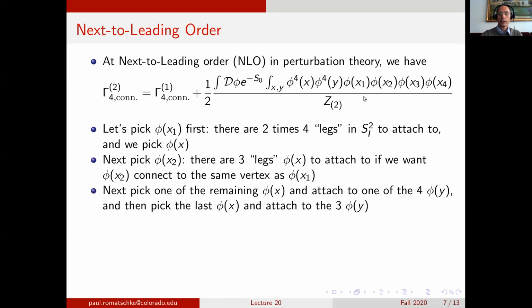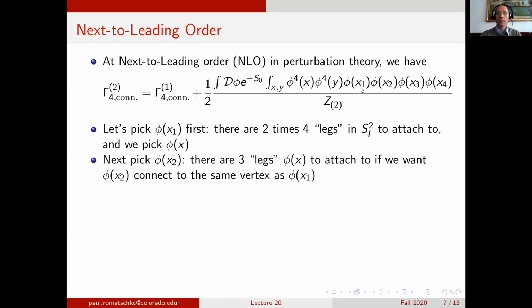Once we have attached phi of x1, we next pick phi of x2. If we want to attach it to the same vertex as phi of x1 is attached to, then we have 3 legs out of the phi cubed of x that we still have left after having performed the first contraction.